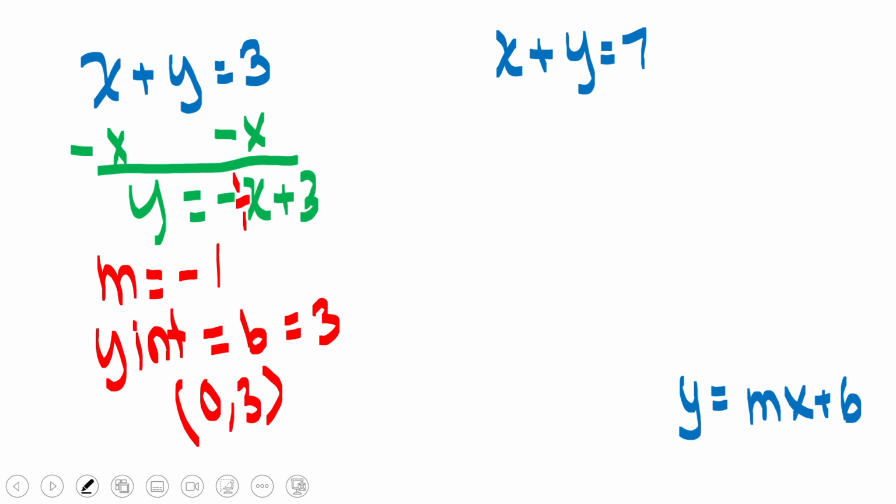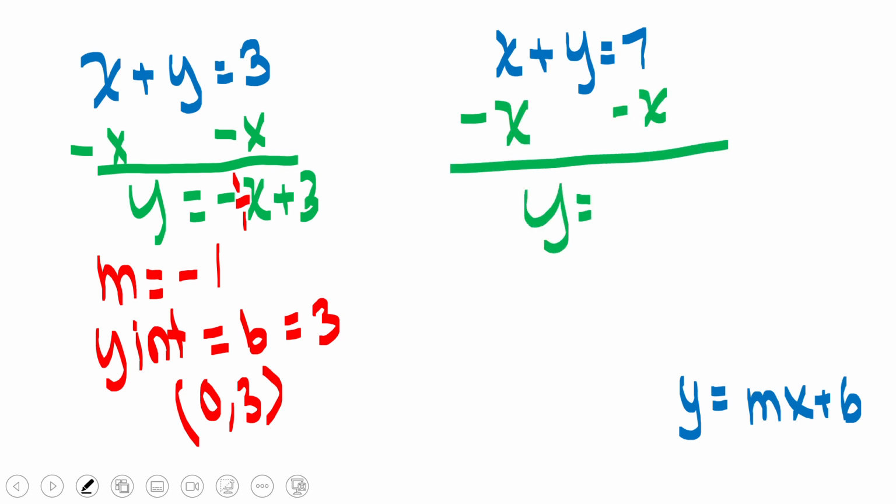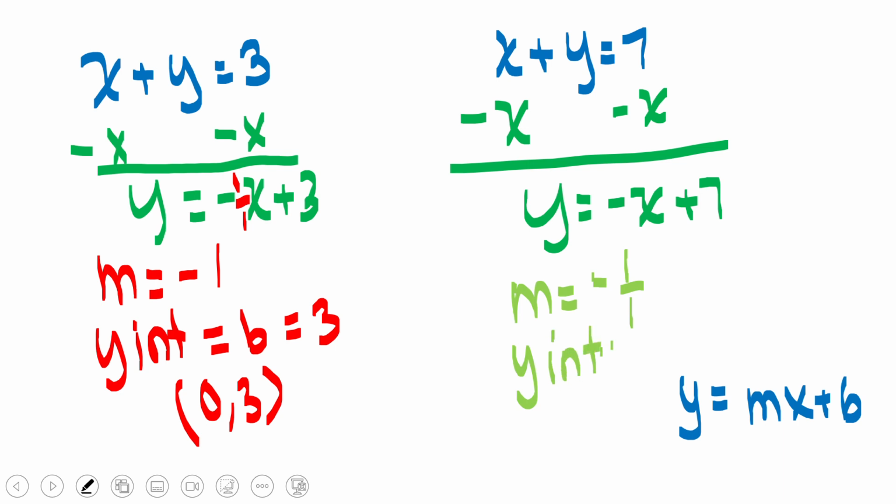Okay, see the pattern? We've been working the same pattern over and over again. We're going to subtract x from both sides here. We're going to have y equals negative x plus 7. And we're going to consider our slope is a negative 1 over 1. And our y-intercept is b, and it is 7.